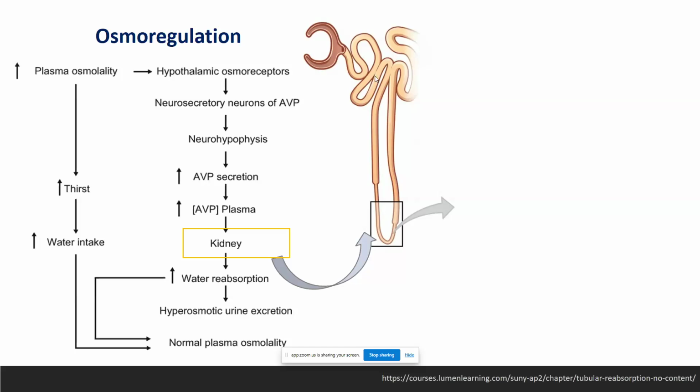Regulation of urine volume and osmolality are major functions of the collecting ducts. By varying the amount of water that is recovered, the collecting ducts play a major role in maintaining the body's normal osmolality. If the blood becomes hyperosmotic, the collecting ducts recover more water to dilute the blood, and vice versa. The collecting ducts will recover less of the water if the blood is hypoosmotic, leading to the concentration of blood.